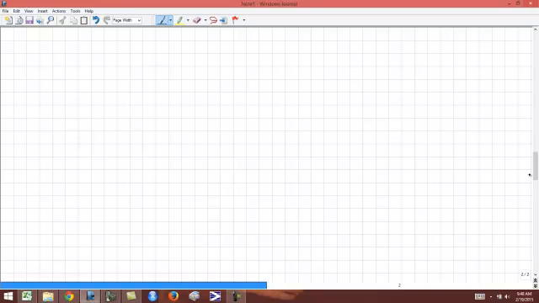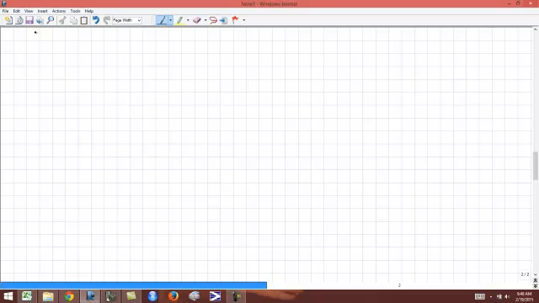Let's do guided practice 2A first. Okay. So, guided practice 2A, we don't really need to go through the example.